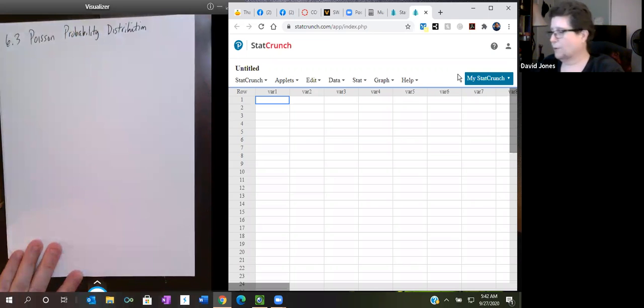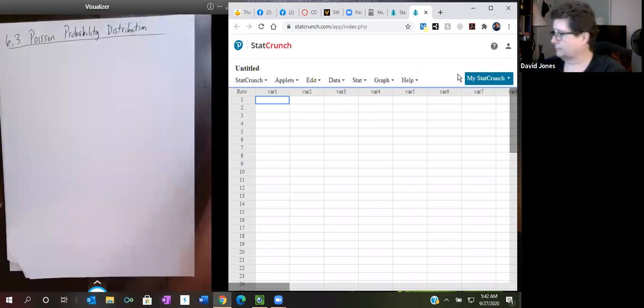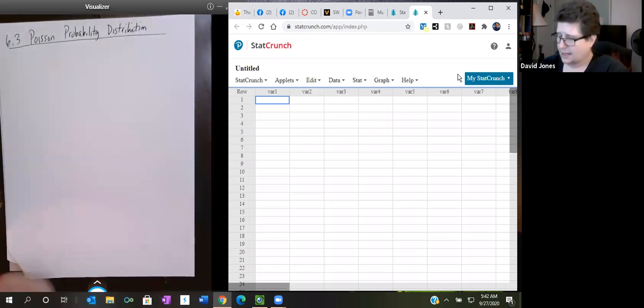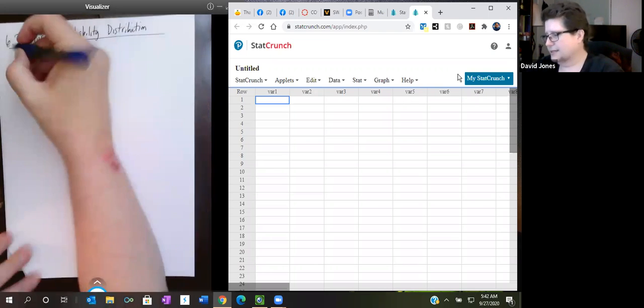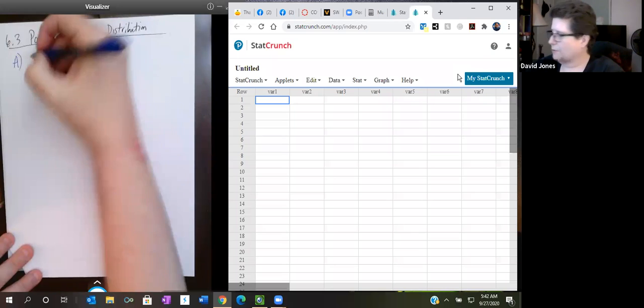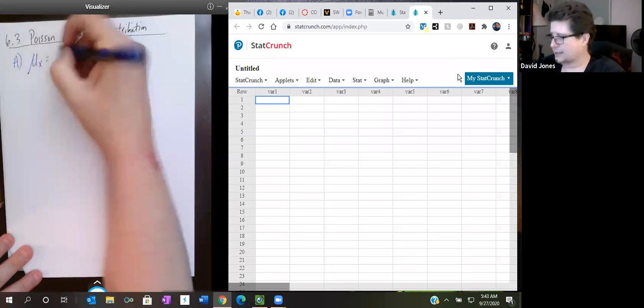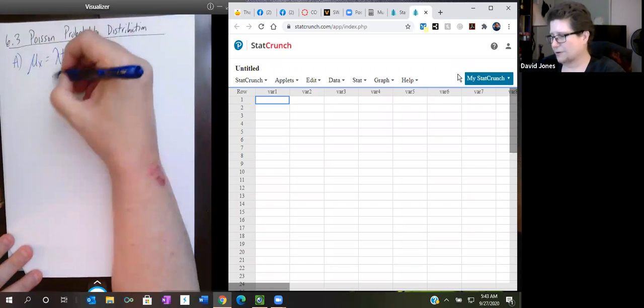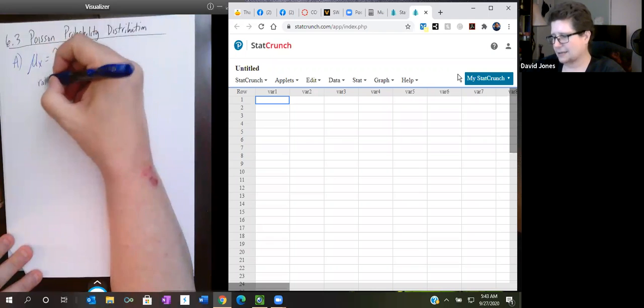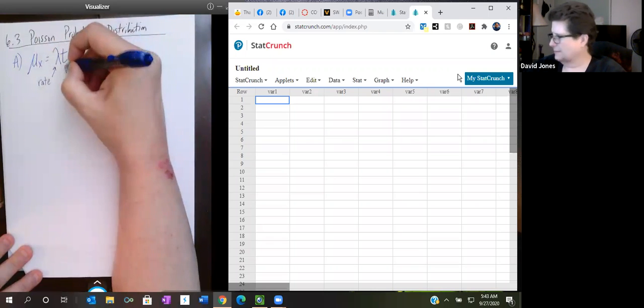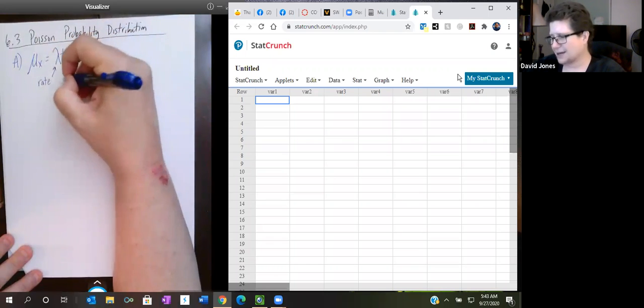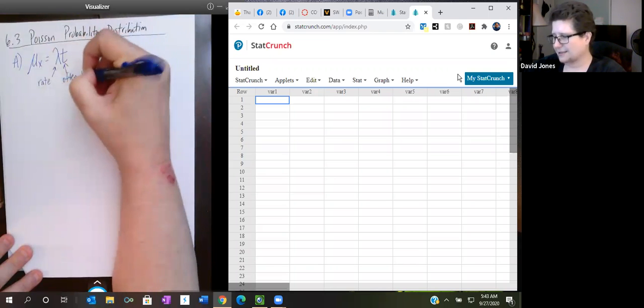And what we need to know from here, again, it has a mean and a standard deviation for the random variable. So the mean is lambda times t, where lambda is the rate. And t is often time, but not necessarily.